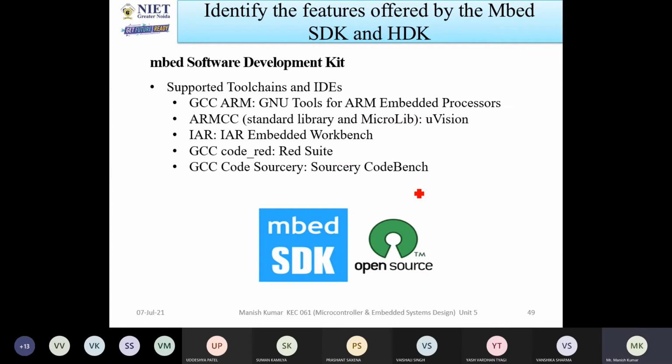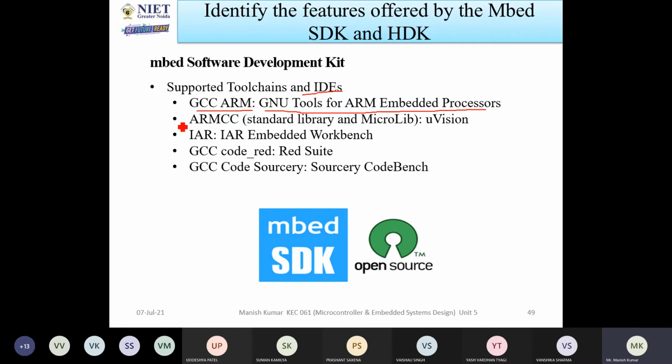Now when we are talking about the tool chains and the IDE, then the file is GCC ARM, GNU tools for ARM embedded system. Whenever you are going to write a program, you need a compiler, correct? So GCC is one type of compiler. What is the meaning of GCC?